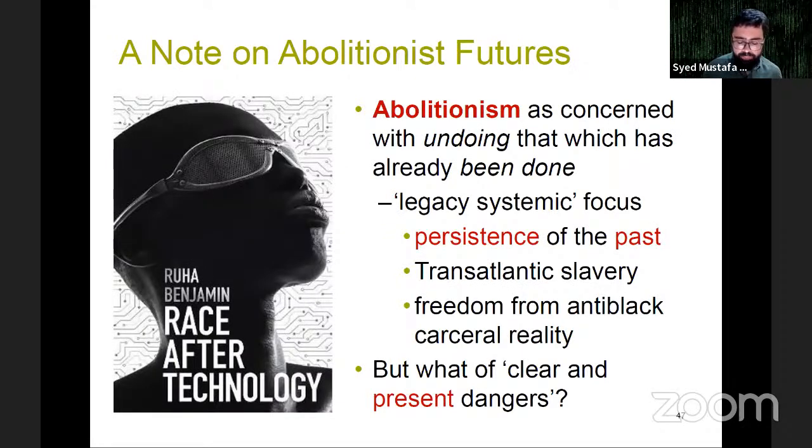One view, advocated by those subscribing to an abolitionist stance, is to attempt to roll back on such infrastructural developments, to undo that which has been done as a precursor to doing otherwise.